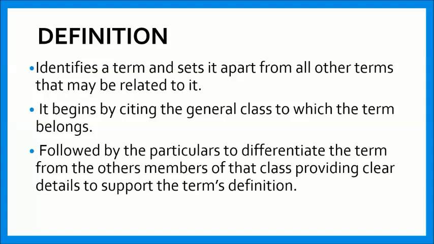So it begins by citing the general class to which the term belongs. It's an intensive definition when you define a term first by citing the general class. In different contexts, there are classes of terms according to their uses in the discipline where it is used. For example, in science, we have biology.